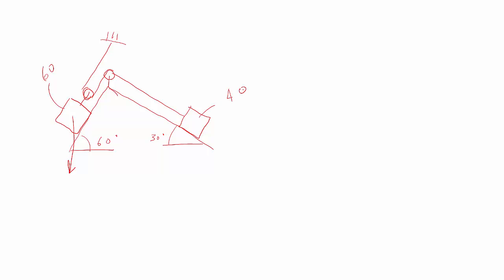Now, if you didn't know what direction this thing moved, you need to determine it. Okay, how would you determine it? Well, you know you've got to generate a free body diagram anyway. So let's proceed to do that.